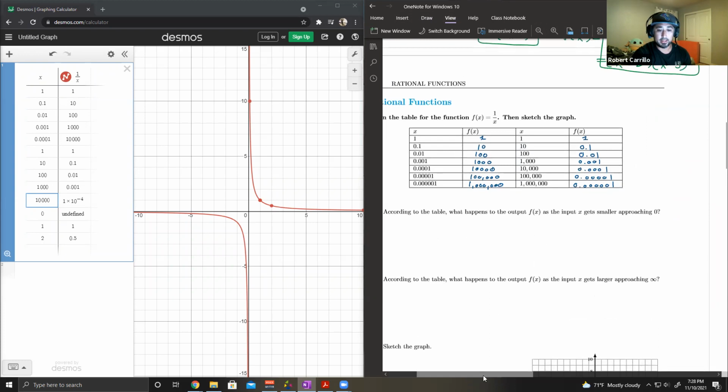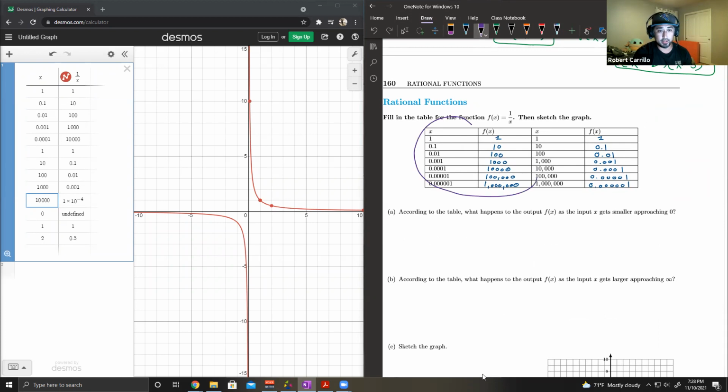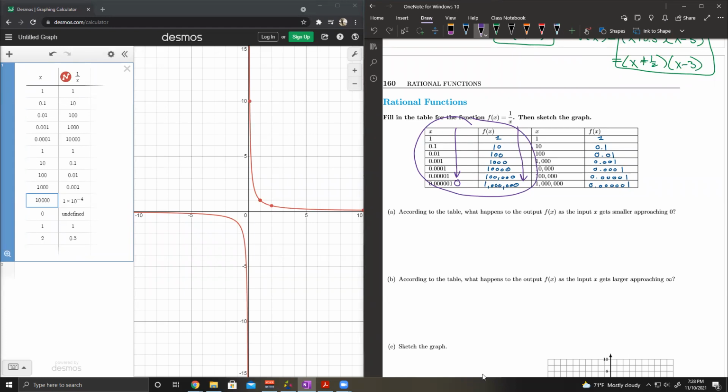The first question says, according to the table, what happens to the output f of x as the input x gets smaller approaching 0? So it's asking us to look at the first XY chart. So it's saying, as x gets closer and closer to 0, what's happening to your y values? Your y values are doing what? Increasing.